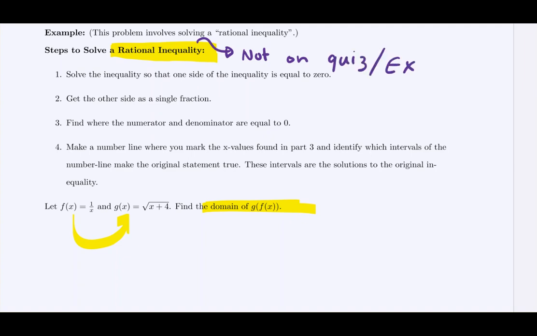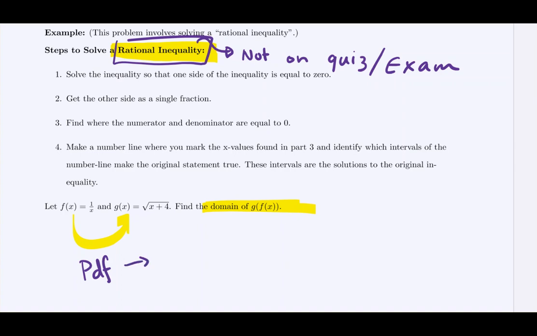Any of our previous problems or ones of similar difficulty level totally could come up on quizzes or exams. All I'm eliminating is specifically those that involve rational inequalities, but it still could be a useful process to have seen and know.